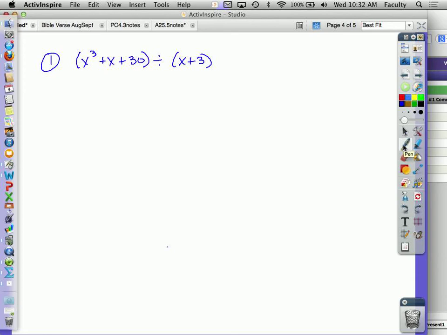It's still the long division, but I just want to make sure that anything funny that comes up, we can handle this. All right, I'm getting x plus 3 into x cubed plus 0x squared plus x plus 30.